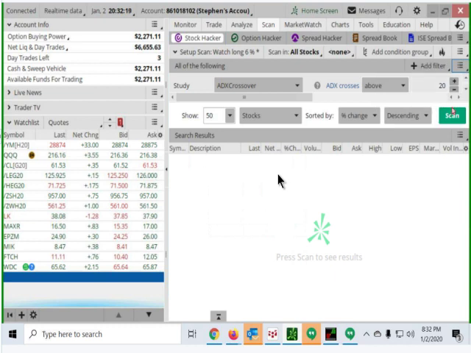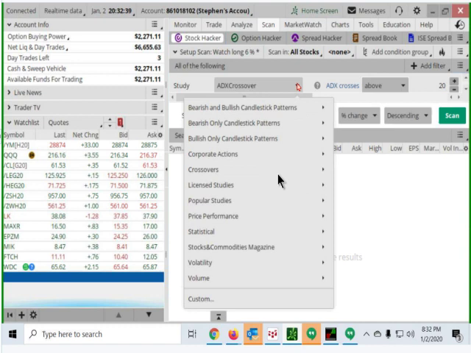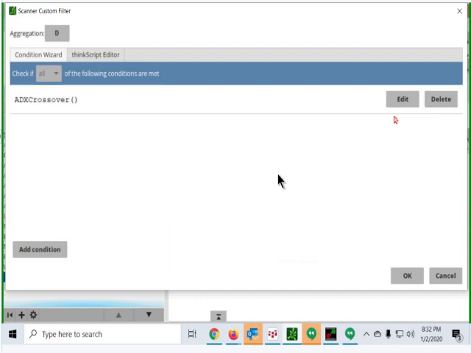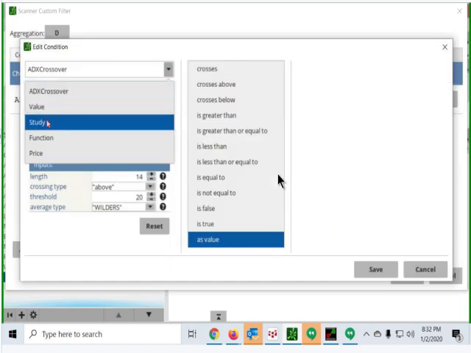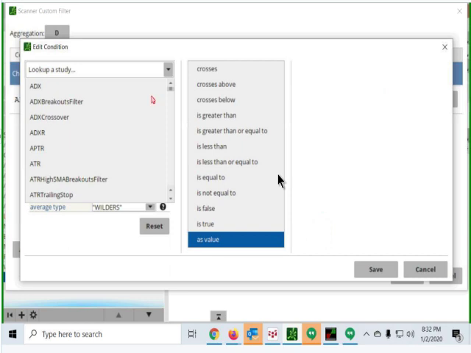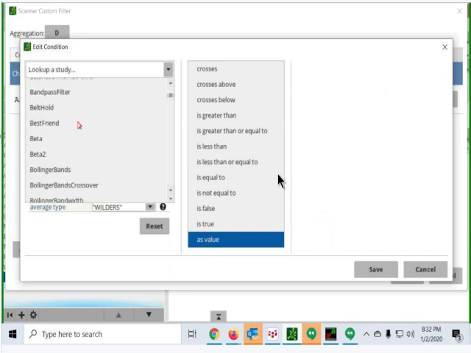So that's just to find how they do. We've got scans where you can buy the best friend signal formula, the left-right combo, the kicker signal. And so I don't even know what I've done. I should have, oh, here it is. Custom. Edit, crossover, study. Let's say I want to find the best friend signals.